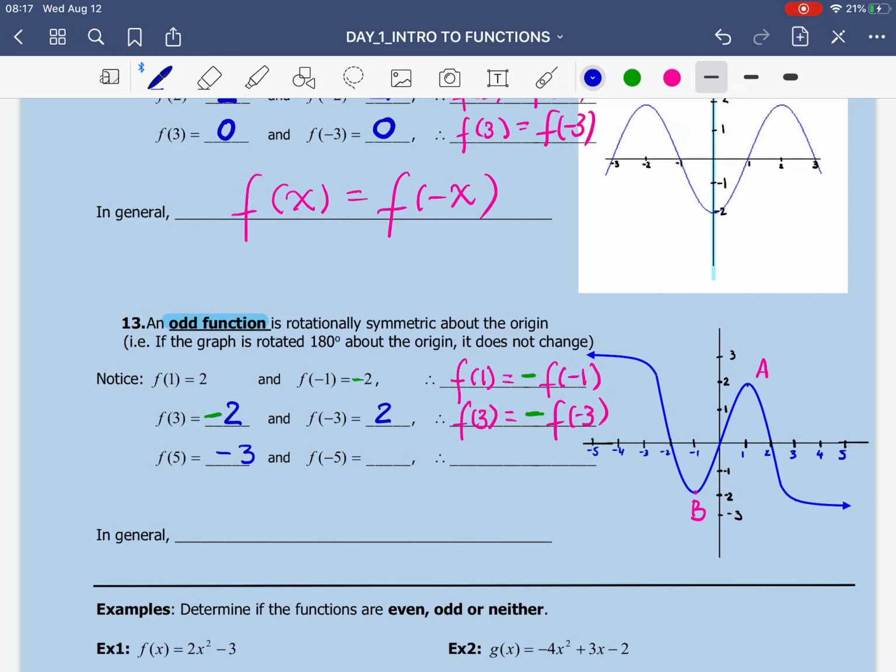And f of negative 5 is positive 3. So notice that the y values will be opposites of each other. So one will be 3 and the other negative 3 at opposite values of x. So for short, we're going to write here that f of 5 and f of negative 5, these two y values, are opposites of each other.